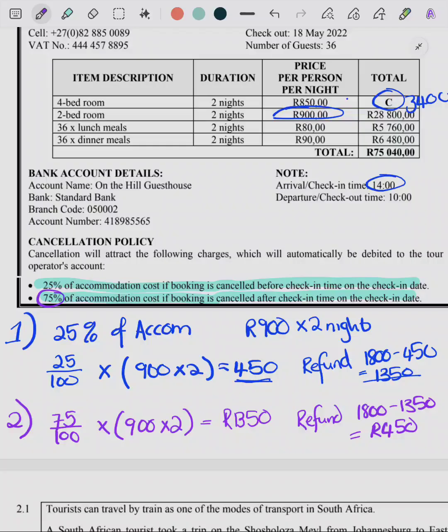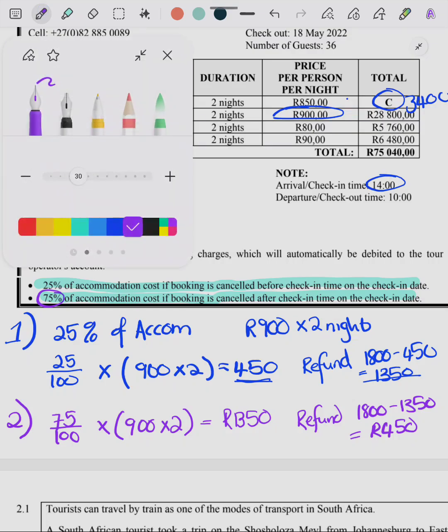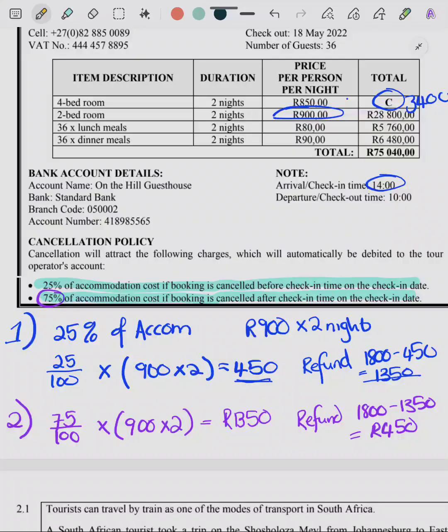Now, there is one other thing that was mentioned in the question that they are going to be refunded for, and that was the cost of their meals. And they tell us that their meal refunds are going to be done in full. So if we look at their meals, and we'll just go into a different color again, we are told that lunch meals are 80 Rand and dinner meals are 90 Rand.